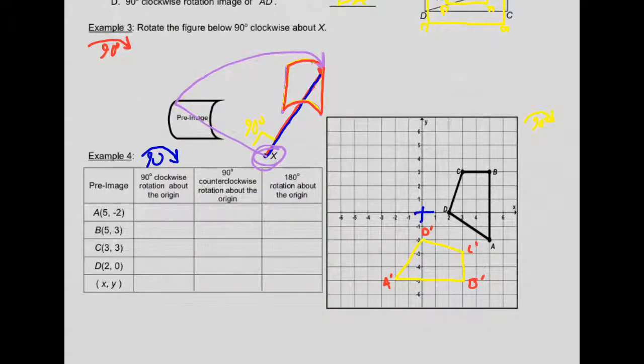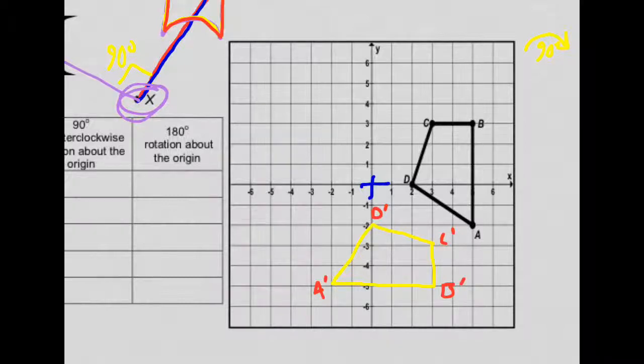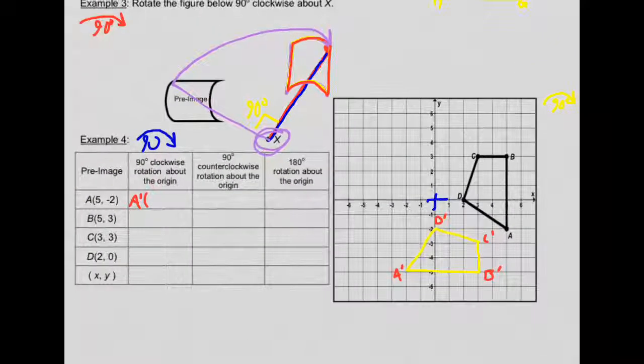And now it wants me to write the new points in this space right here. So where my A was 5, negative 2, A prime is now, well, let's see, here's my A prime, and so I'm going to go back 1, 2, and down 1, 2, 3, 4, 5, so it looks like negative 2, negative 5.